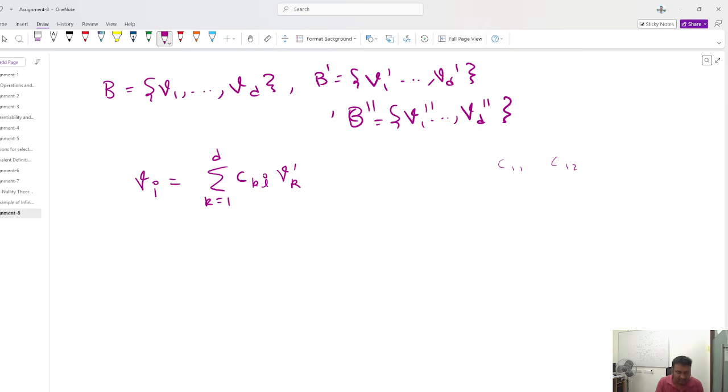Now similarly, Vi prime you can express as a summation, k from 1 to some D. If you're not happy with k, you can change k to L, with some scalars B, and we should also change this index.